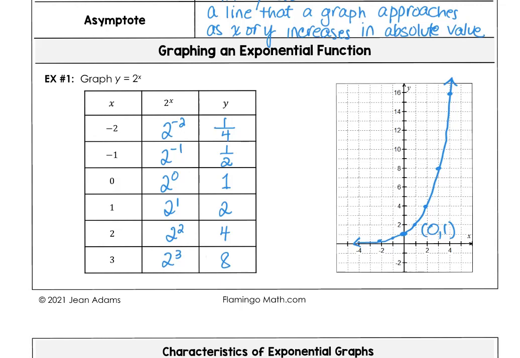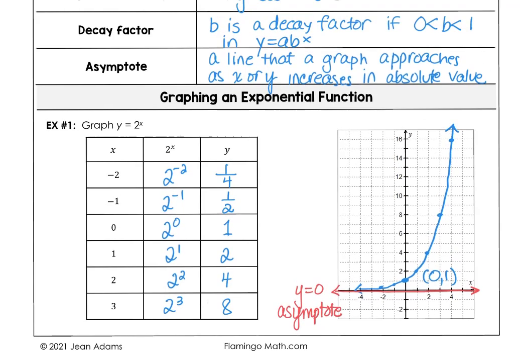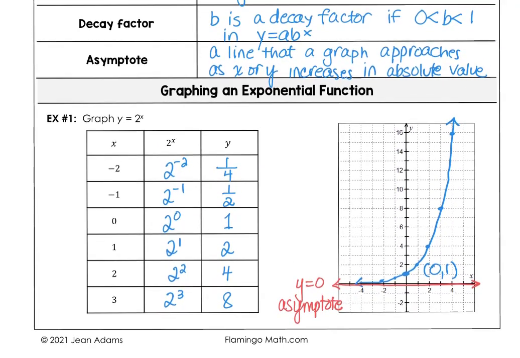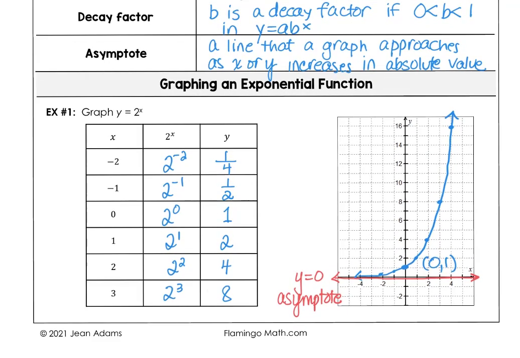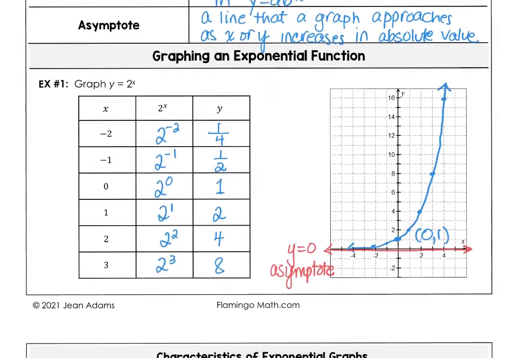And if I switch colors here, our asymptote is the x-axis. So y equals 0 is our asymptote. And if we go back to look at that definition one more time, an asymptote is any line that a graph approaches as x or y increases in absolute value.